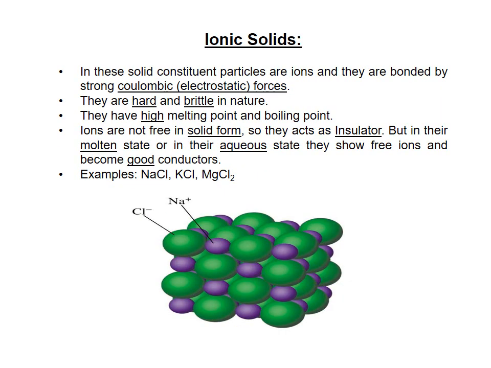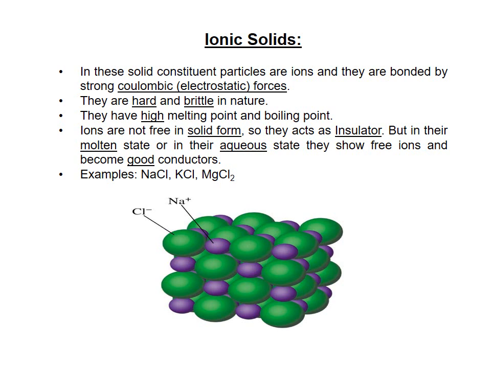Now another crystalline solid we are going to discuss is ionic solids. These solids have strong coulombic forces, also known as electrostatic forces, between their ions. This type of solid is formed when positively charged cations are attracted by negatively charged anions.